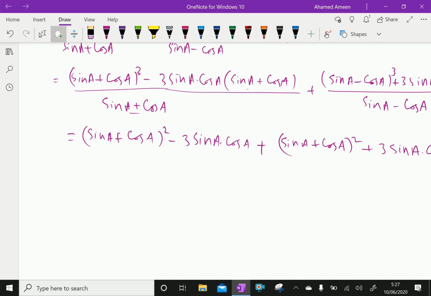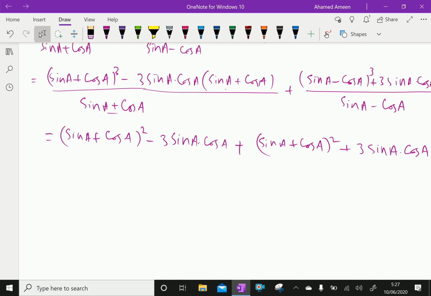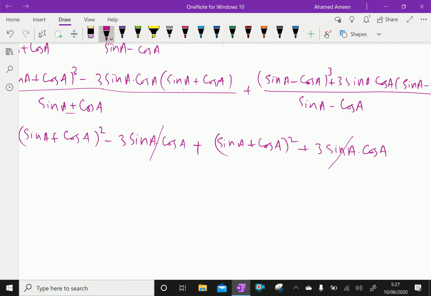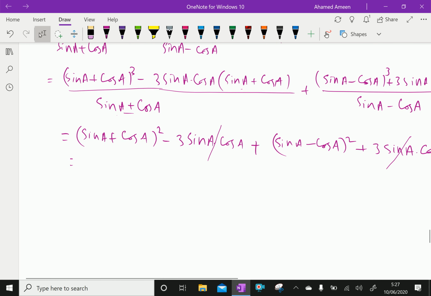So we have sin A plus cos A whole square plus sin A minus cos A whole square. Here this is minus, not plus.